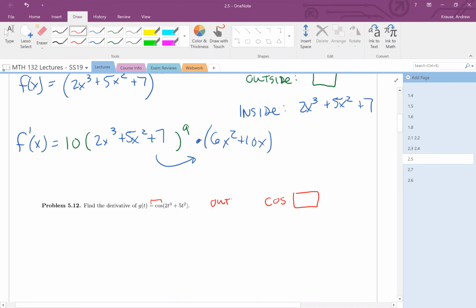When we take the derivative of g, the first thing we're going to do is take the derivative of cosine, which is negative sine. So we have the negative sine, and then we leave the inside exactly the same, that's our 2t cubed plus 5t squared. And then we multiply by the derivative of that inside function, which is 6t squared plus 10t.